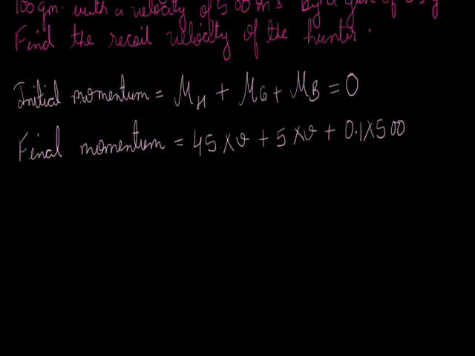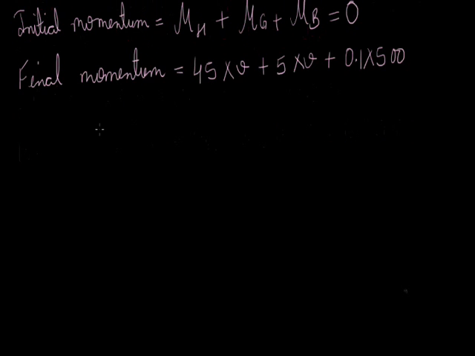So according to law of conservation of momentum, initial momentum must be equal to the final momentum. Hence 0 is equal to 45v plus 5v plus 50, which comes out to be 50v is equal to minus 50.